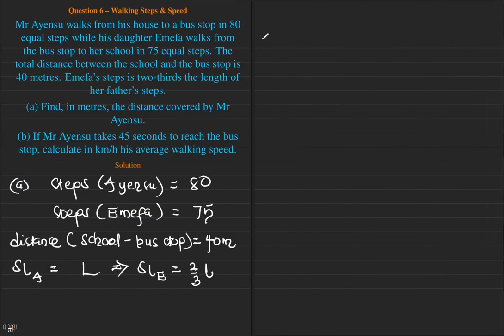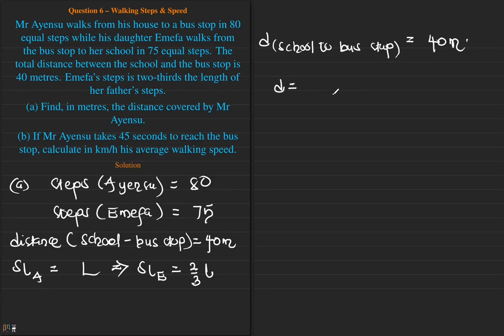So we are going to say distance from school is going to be 40 meters. And we also know the formula of distance we have come up with: the distance covered is simply the number of steps times the step length.